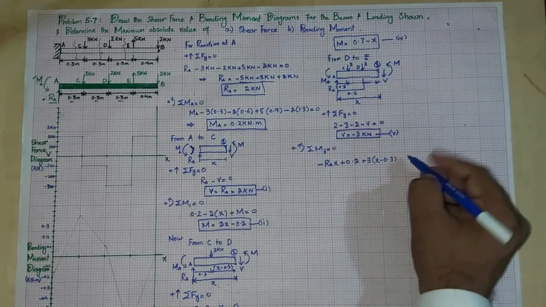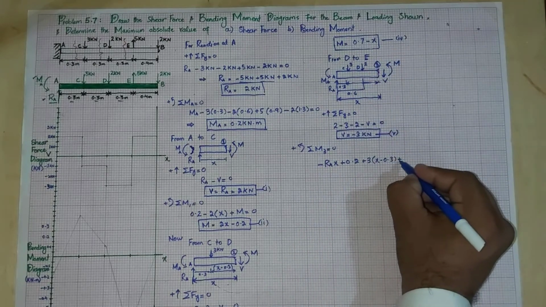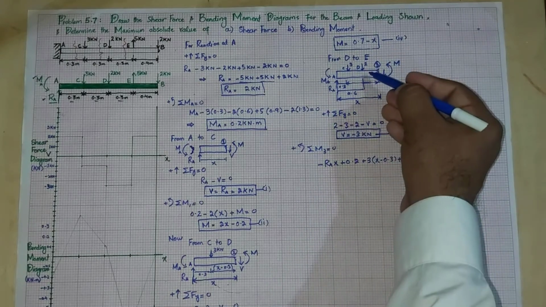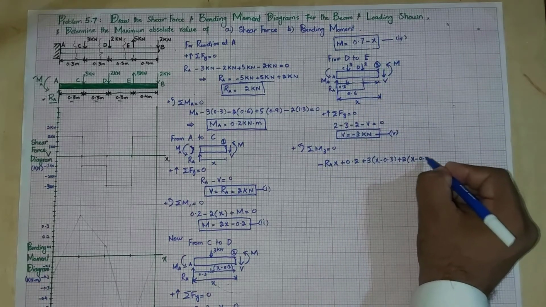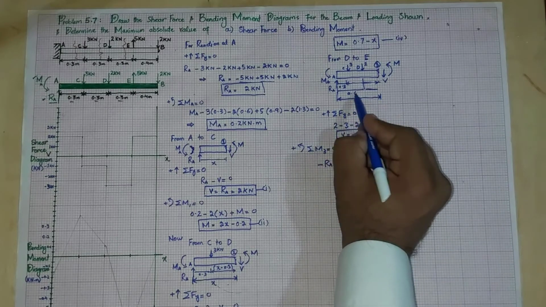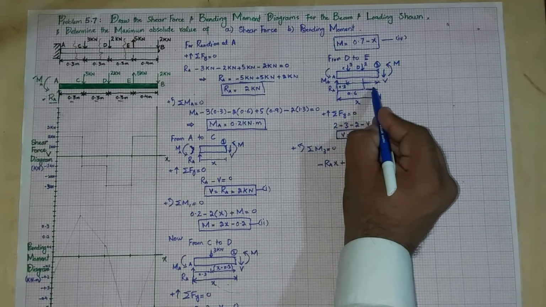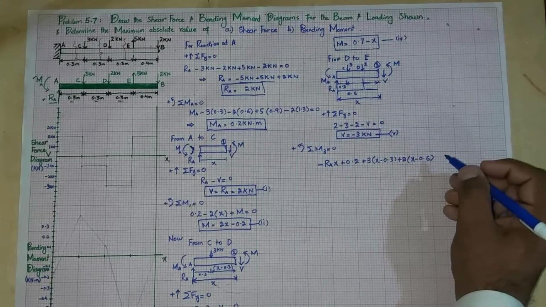Now this 2 force is also producing a counterclockwise moment. So that will also be plus 2 into the perpendicular distance, which is x minus 0.6, because the total is x. So this distance is x minus 0.6. Clear?